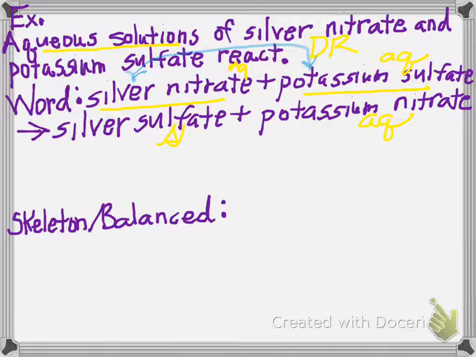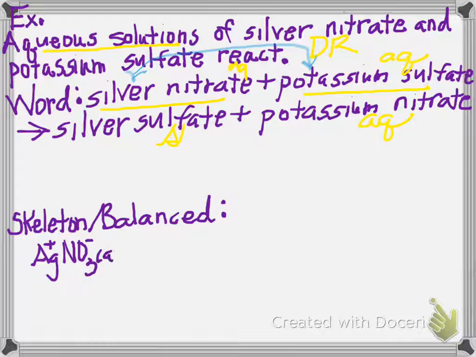Now, I'm going to make sure that I leave myself room to put coefficients in front. So likelihood is when I write this, I'm going to end up having to take up 2 lines. Okay, so these are all ionic compounds. So silver, Ag plus, nitrate, NO3 negative.